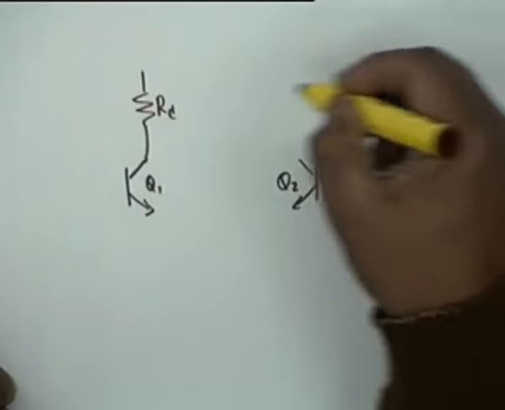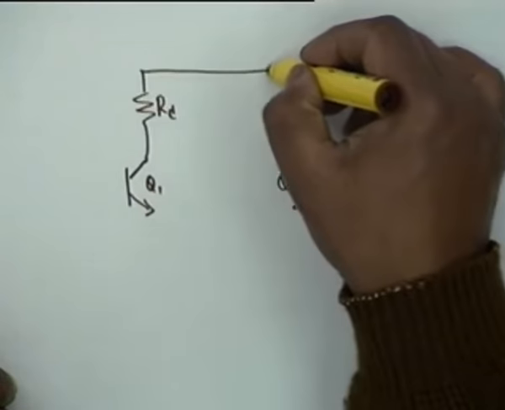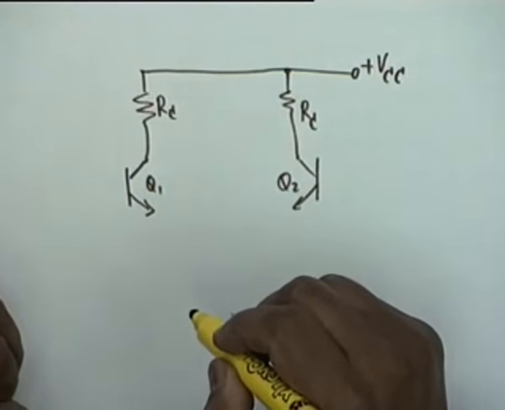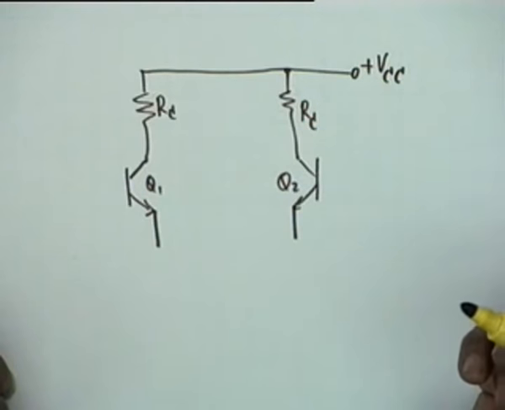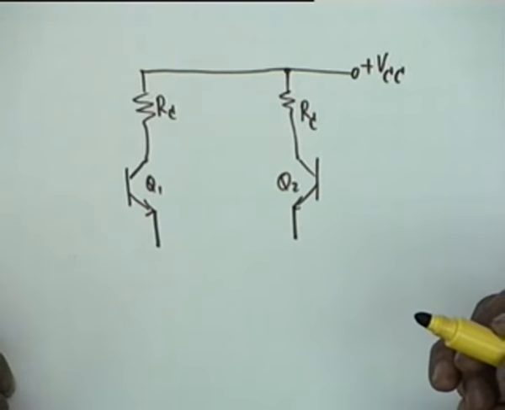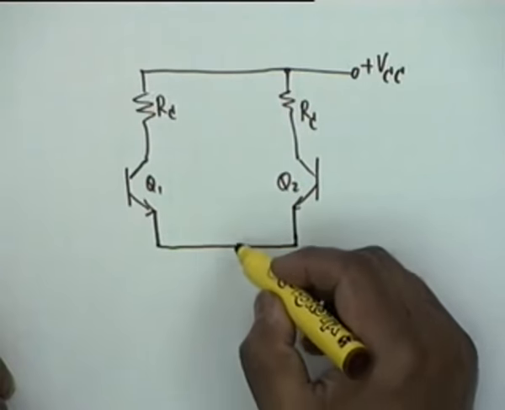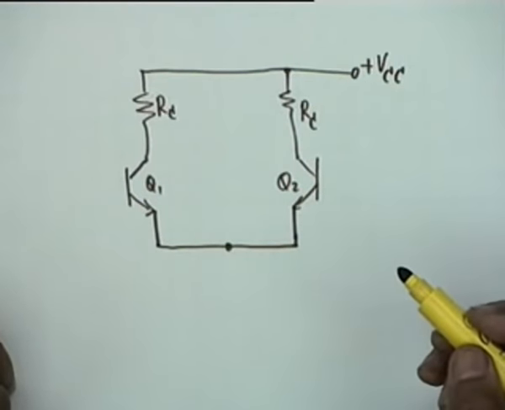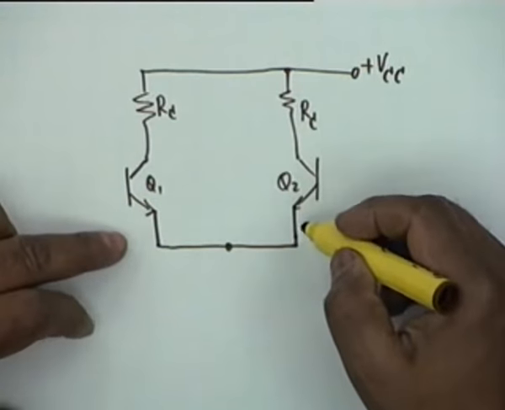That is, you have R sub C here and R sub C here, and these two are taken to a plus VCC. The emitters of the two transistors are coupled together, connected directly. So a differential amplifier is also sometimes known as an emitter coupled pair, ECP. Two transistors whose emitters are tied together.